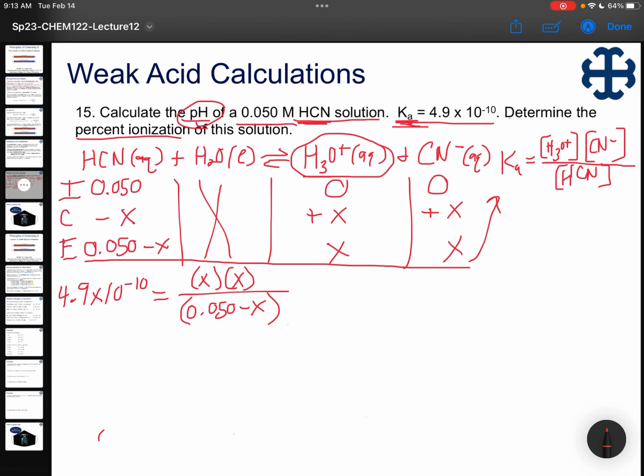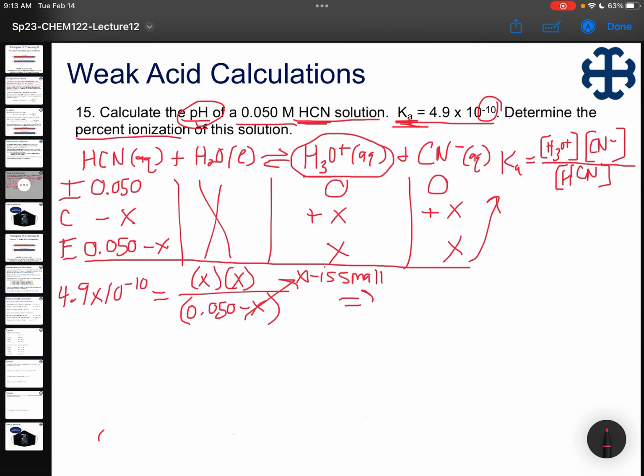And if we look at this, we are just so lucky that our Ka value is times 10 to the negative 10th, which means we can use our x is small approximation. And so instead of needing to use the quadratic formula, we can just cross out that x that is in our denominator and then solve for x from there.